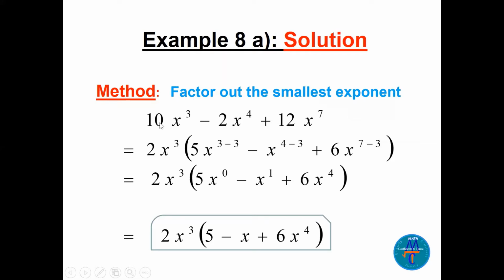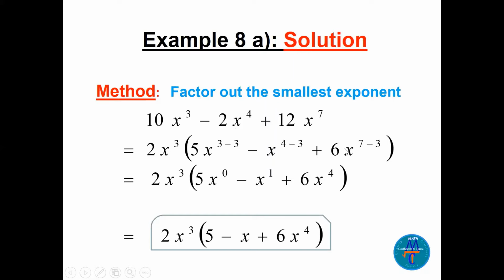So 10 divided by 2 is 5. See, in the numbers we divide. In the powers, x cubed, I write here x cubed minus the 3 power out. Minus, the 2 is out already, 4 minus this 3 out. 12 divided by 2 is 6, and x power 7, we divide by x cubed, which is 7 minus 3.